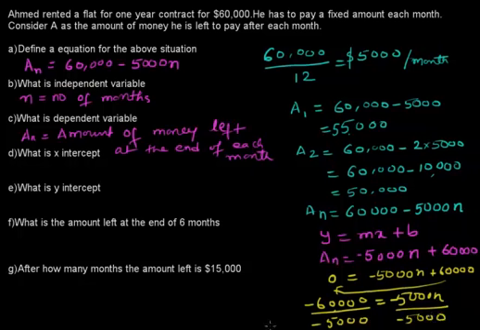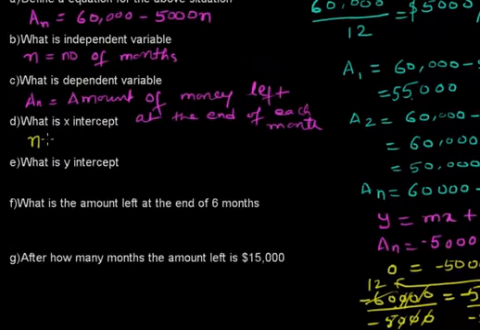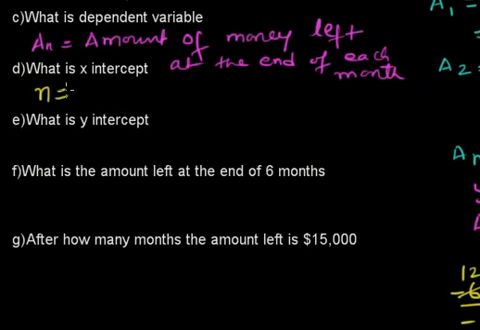If I divide both sides by minus 5,000, this gives me the value of n, and it is equal to 12. So n, that is the x-intercept, because this is the independent variable, equals 12, and I can write the x-intercept as (12, 0).